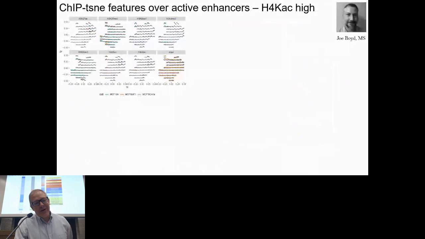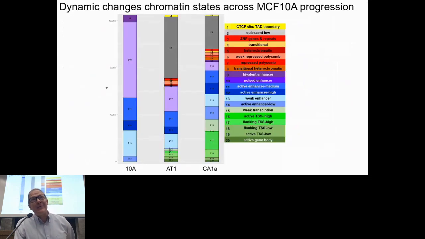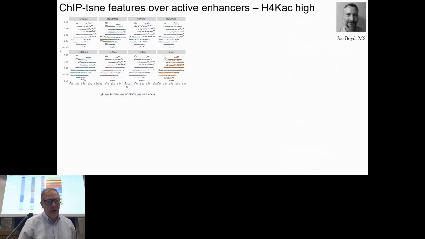And what's not showing up is the conservation of these states as we look across the breast cancer progression series. Oops, sorry. And what this should show is how dynamic these states can change from one cell line to the next, indicating that there's a change in the enhancer calls across breast cancer progression.